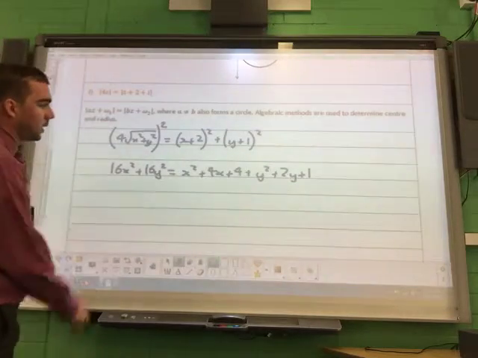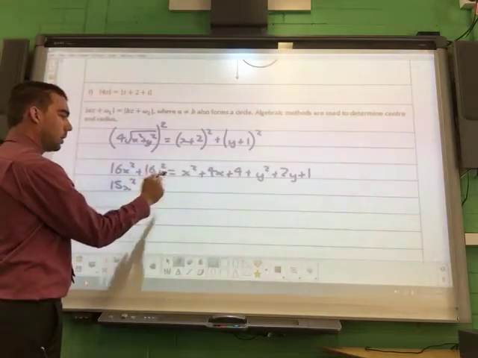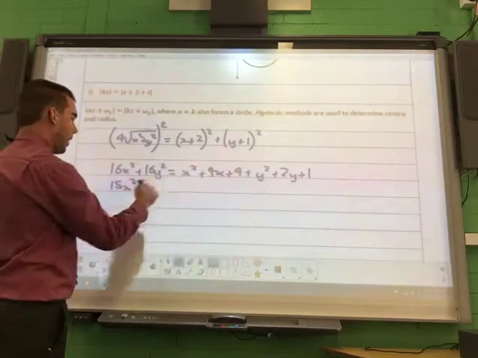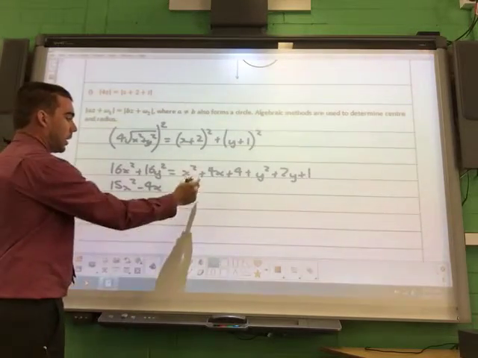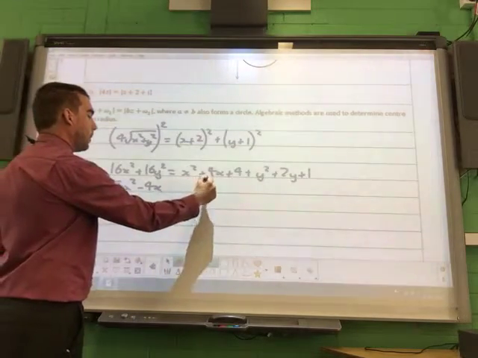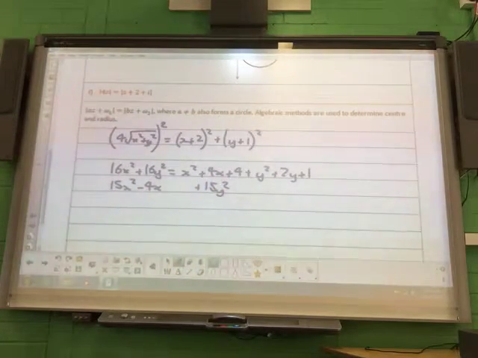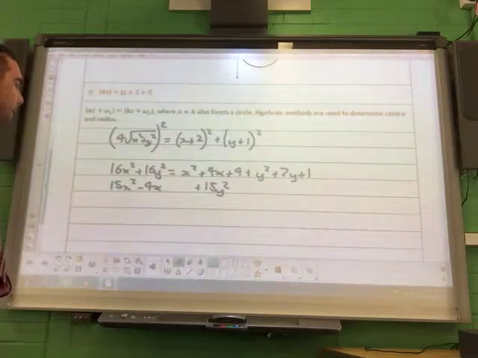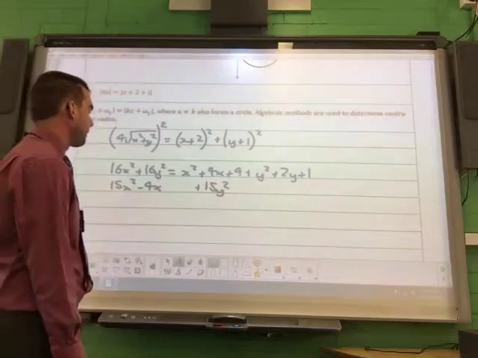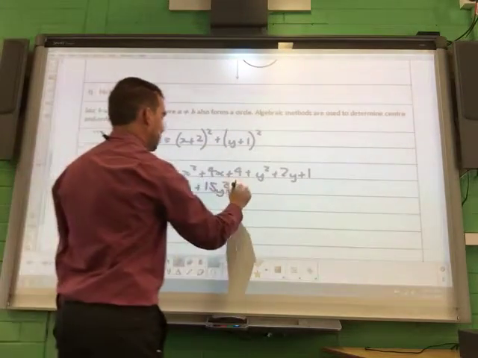So we keep going. We've got 15x squared minus 4x. Now I'm going to leave a gap because I need to complete the square so I can find the equation of the circle. 15y squared, the 2y needs to come over this side.